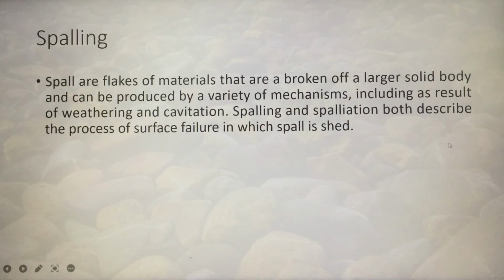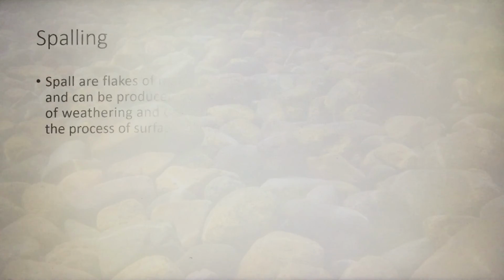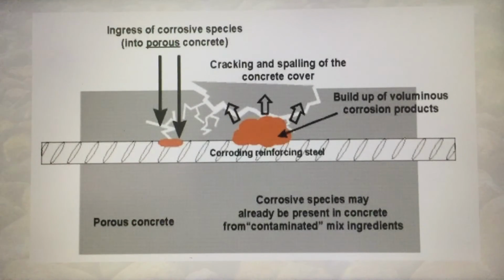Spalling and spallation both describe the process of surface failure in which spall is shed. Examples are the ingress of corrosive species into porous concrete, cracking of the concrete cover, and build-up of voluminous corrosion products.